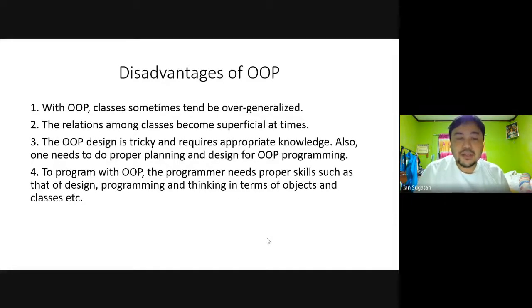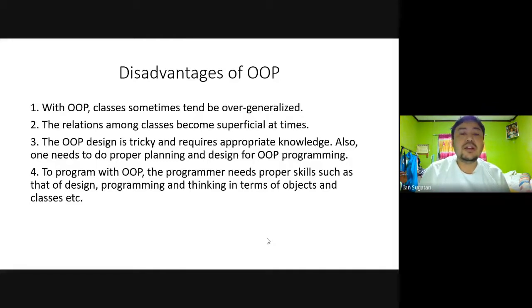If there are advantages, there are also disadvantages of object-oriented programming. Number one, with object-oriented programming, classes sometimes tend to be overgeneralized. This means to say that there are certain situations wherein you cannot come up with certain classes to be done. So these classes have attributes. Mainly, the attributes can be determined by the parent and the child offspring. For example, whatever things you can see in your parents, you can sometimes observe that you have certain characteristics similar to them.